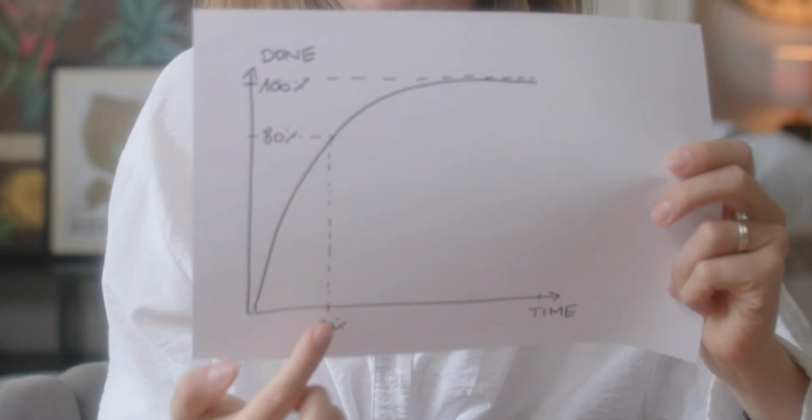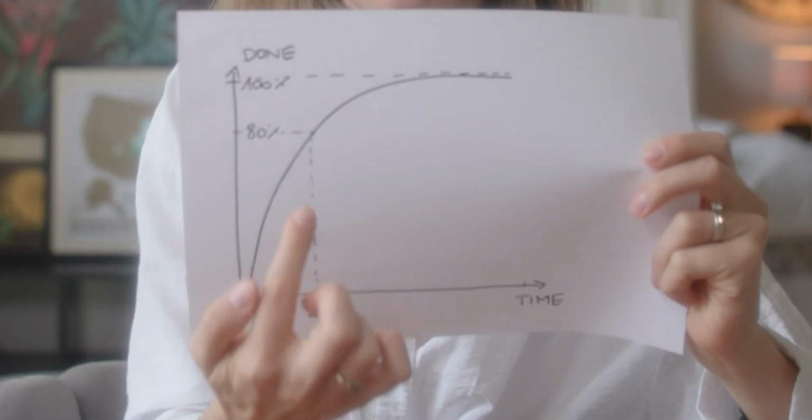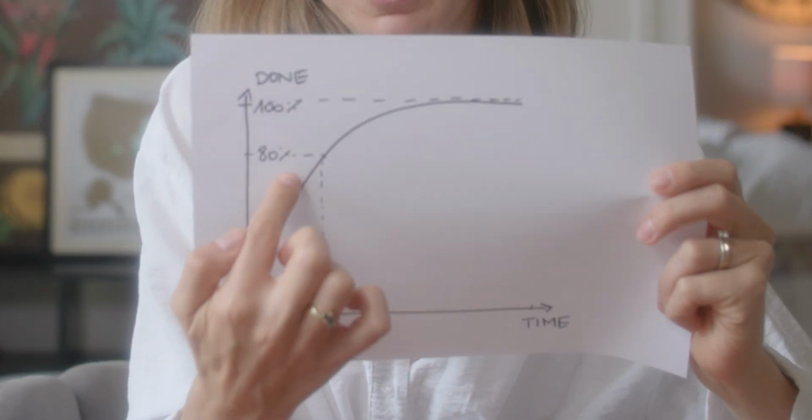And the 80-20 rule now means that, as I've drawn here, there's a really sweet spot where in just 20% of the time you have already got 80% done of what you have to do.